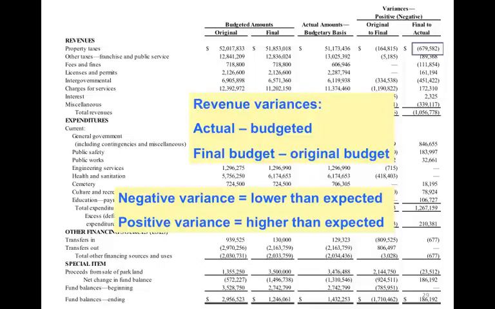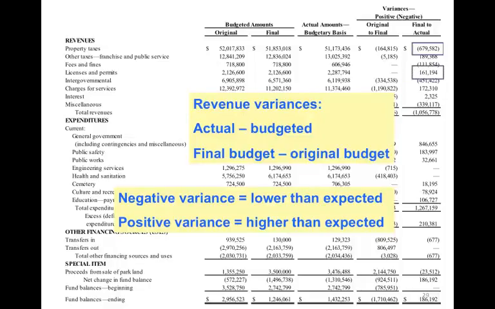It means the revenues were lower than expected. And it's not negative in the sense that it's a bad thing necessarily, but that it has a negative impact on the bottom line. It increases the size of the deficit, whereas a positive variance reduces the size of the deficit or perhaps provides a surplus. Those are revenues that are higher than expected.